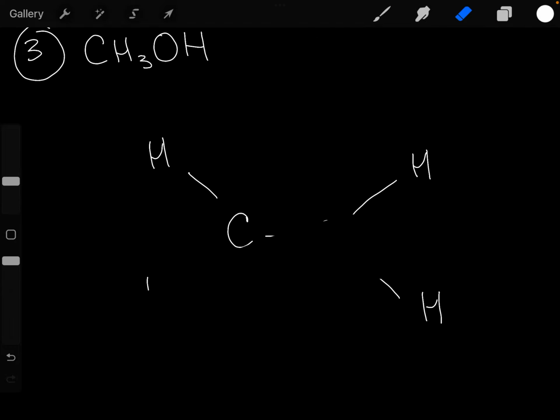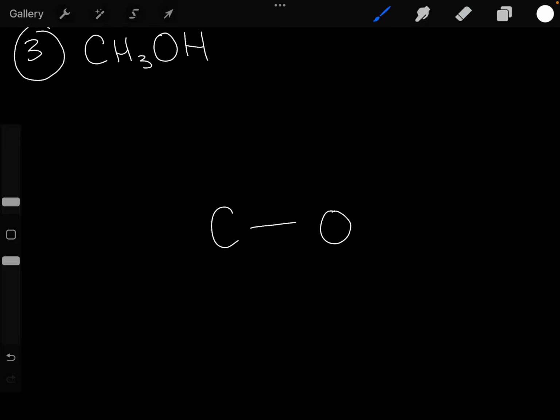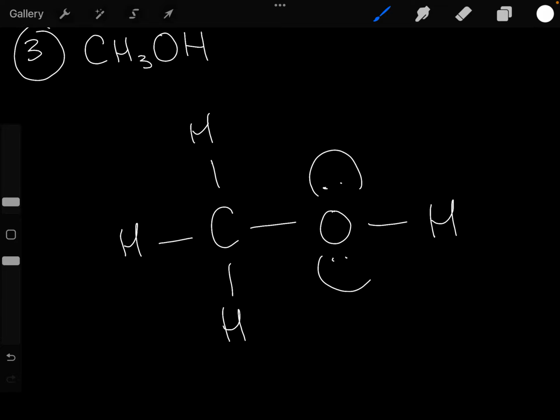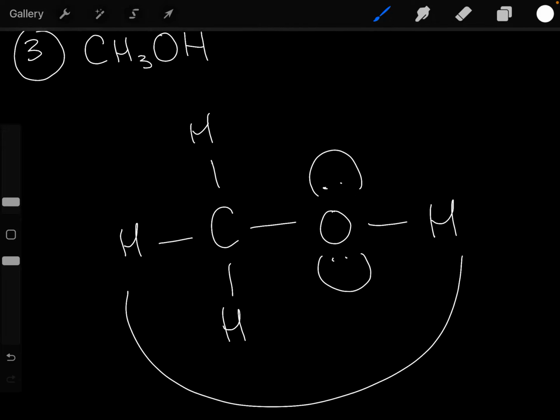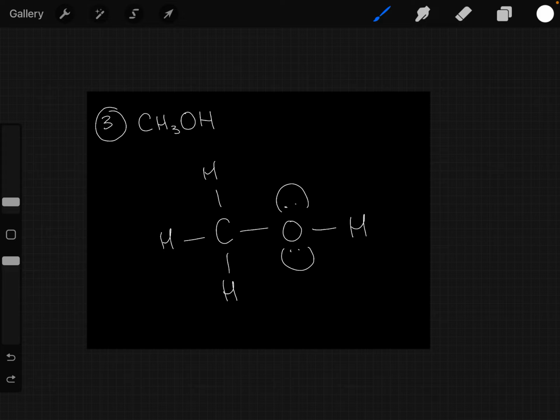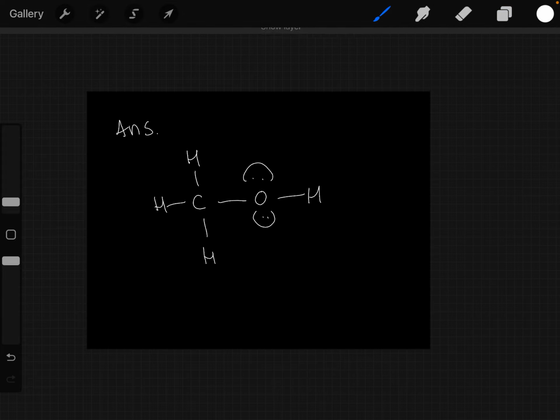Or we could put it like this. Let me show you. C, O, 1, 2, 3. Like this, because these are still evened out. Look, we have two symmetrical and two symmetrical. And here's the answer.